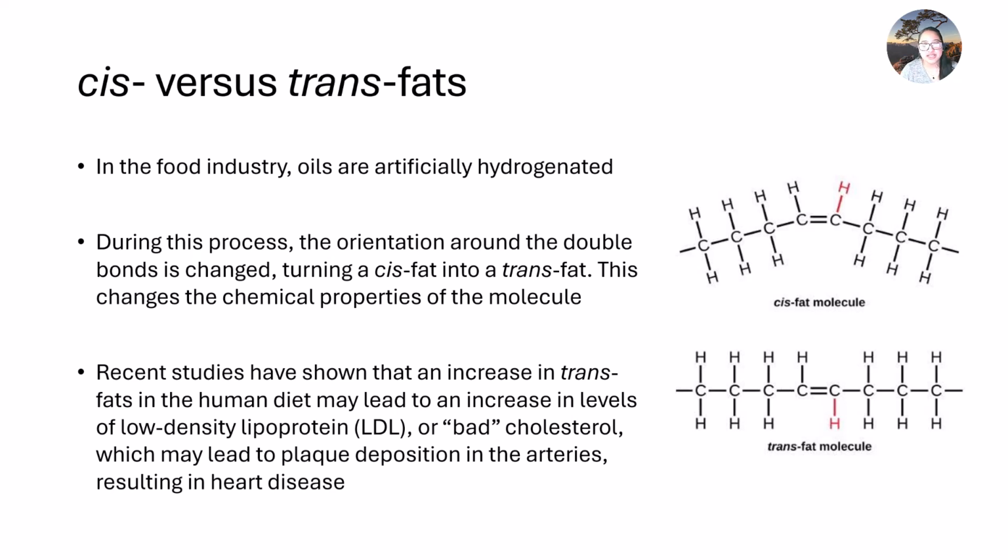Recent studies have shown that an increase in trans fats in the diet can lead to an increase in levels of low-density lipoprotein, or bad cholesterol, which may lead to plaque deposition in the arteries and heart disease. So trans fats, bad, because they lead to the bad cholesterol.